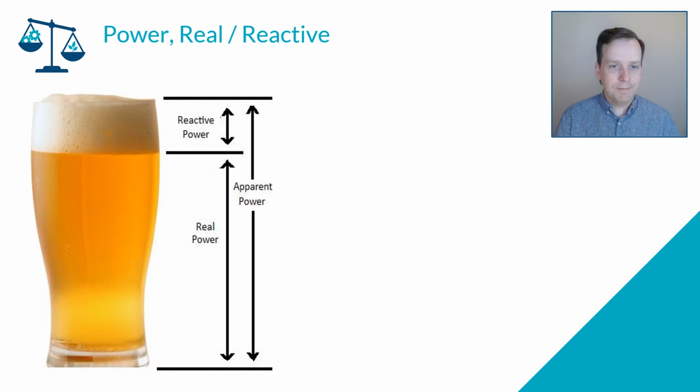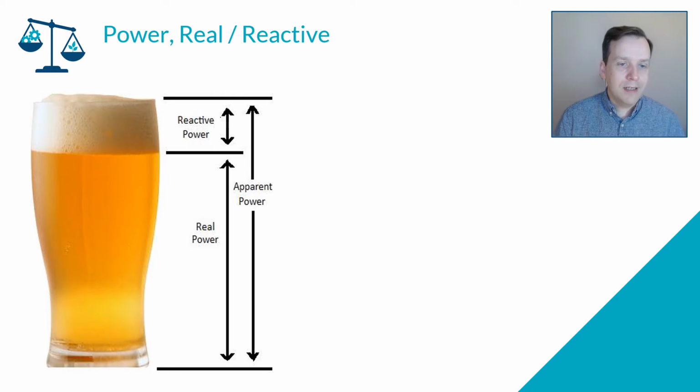So effectively you have a push-pull situation. Let me explain that a bit better, or slightly differently maybe. We have typically a pint of beer here, and normally the actual liquid can be described as the real power. The foam is the reactive power, and the totality of it is the apparent power.